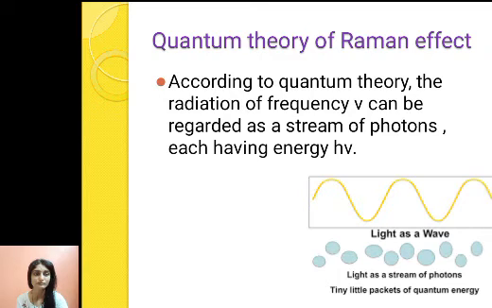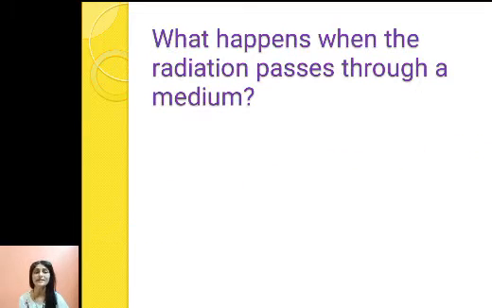So here we are basically going to consider light as a stream of photons, tiny little packets of quantum energy. So what happens when the radiation passes through a medium? When I say medium, I mean the sample which is under study. We pass monochromatic radiation through it.